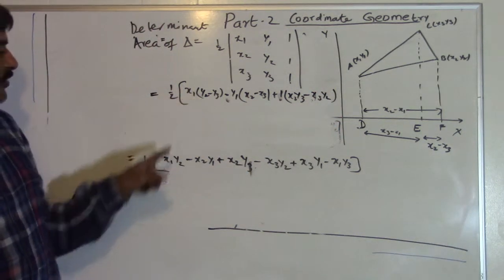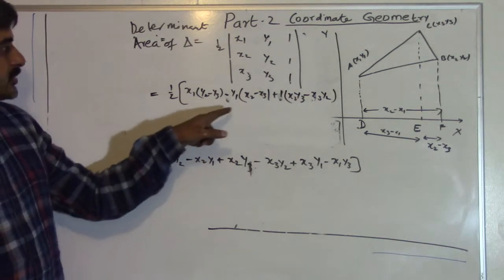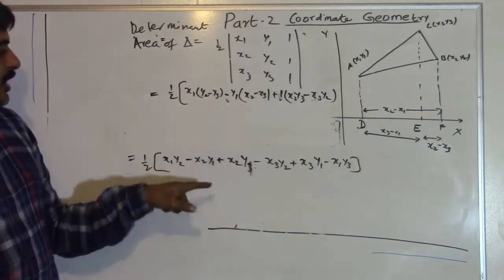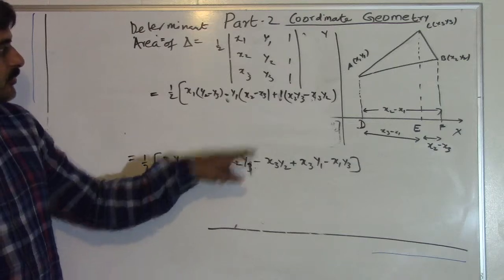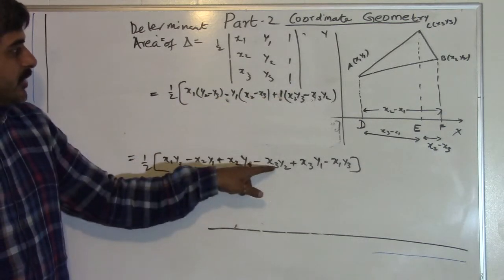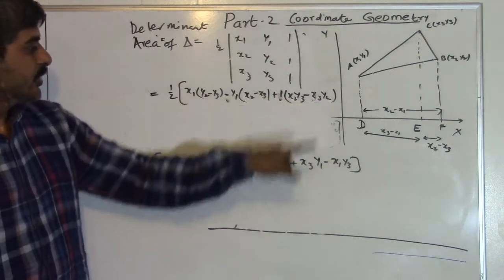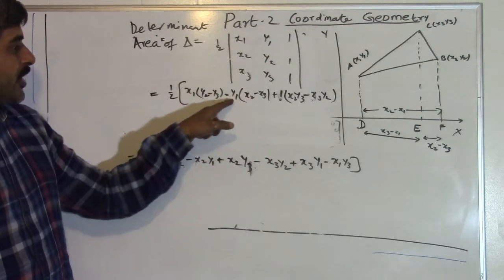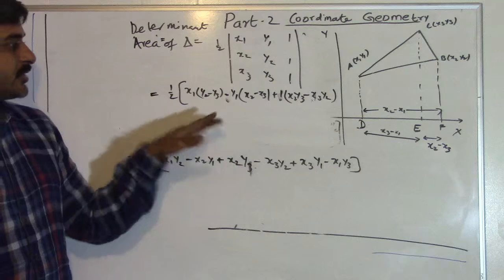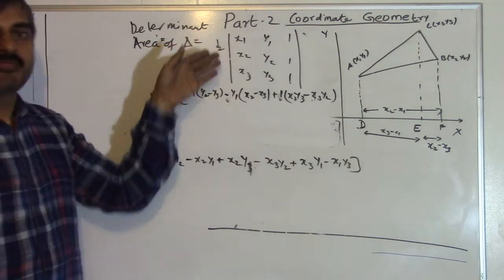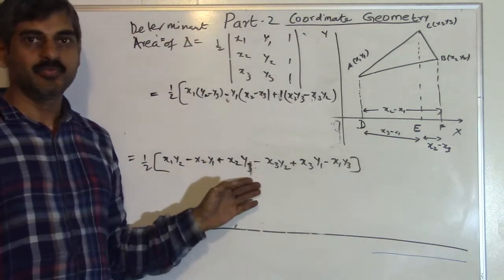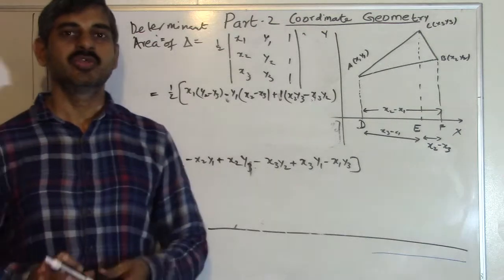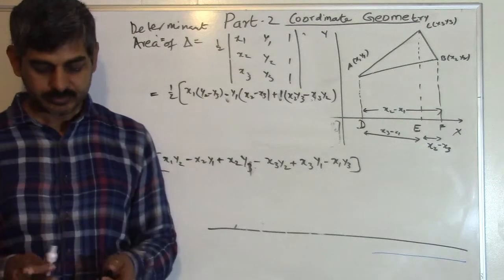We have the term x1 y2 minus x2 y1, then x2 y3 minus x3 y2, and finally x3 y1 minus x1 y3. So this determinant form and this formula are both the same. You can use either one of them.